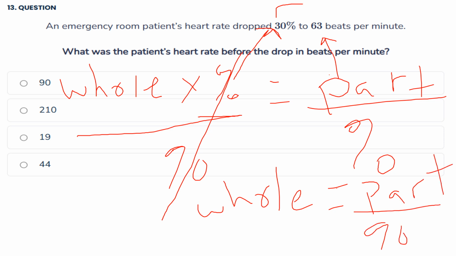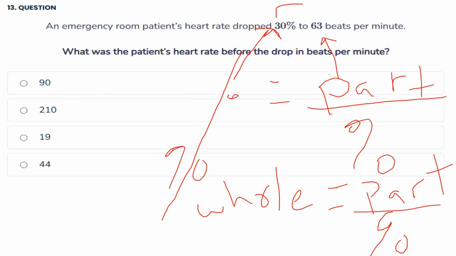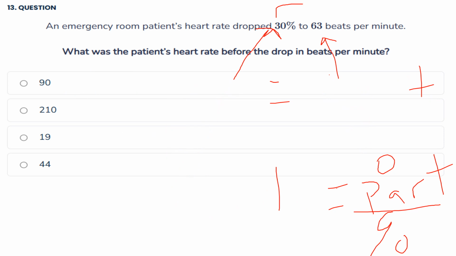But that percent is going to be in a decimal. That looks like a 90, and it shouldn't look like a 90. Sorry, my penmanship is terrible. So that's percent. Just know that that's percent right there. So whole equals part divided by the percent, but the percent is going to be in decimals. So let's go ahead and plug in our numbers, see what we come up with.